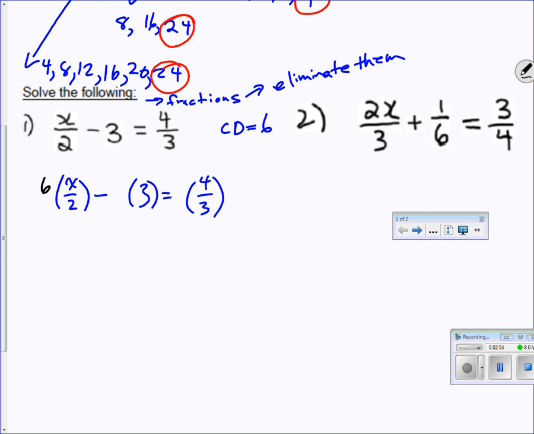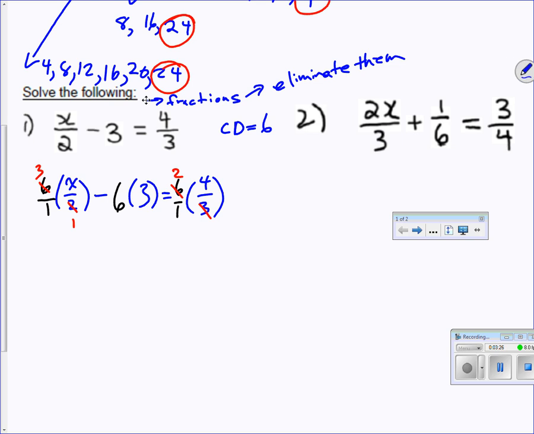Any fraction, I'm going to write 6 as 6 over 1. Any whole numbers, I'm just going to write the number 6. So this one, 4 over 3, we're also going to put 6 over 1. Now we're going to simplify. Cross cancellation: 6 and 2 gives a 1 and a 3, and this 6 and 3 gives a 2.